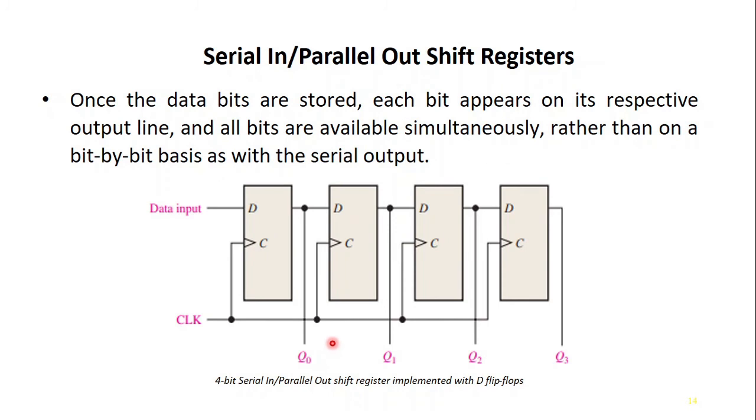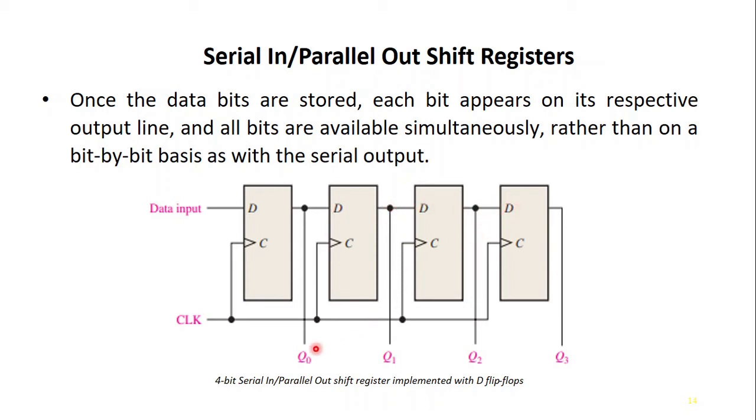This shows the serial in, parallel out shift register, a 4-bit register implemented with D flip-flops. The clock pulse is applied simultaneously to all the flip-flops, and there is only one data input, which is for the least significant flip-flop, FF0, whose output is given to the input of the next flip-flop, and so on.